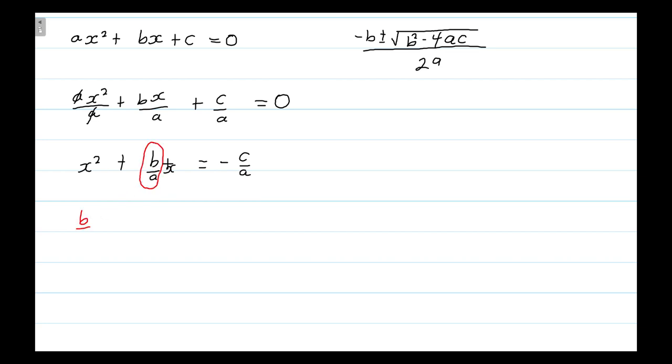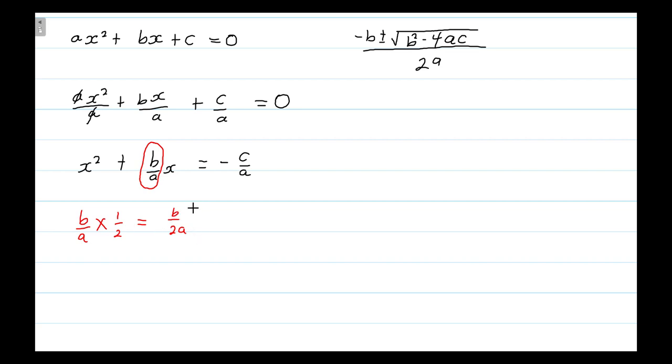The next step is to pick the coefficient of x, which is b over a. So b over a, you multiply it by 1/2, and then b over a times 1 over 2 is b over 2a.